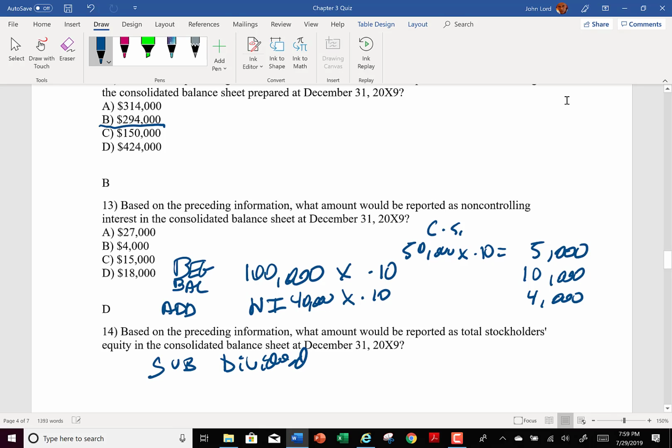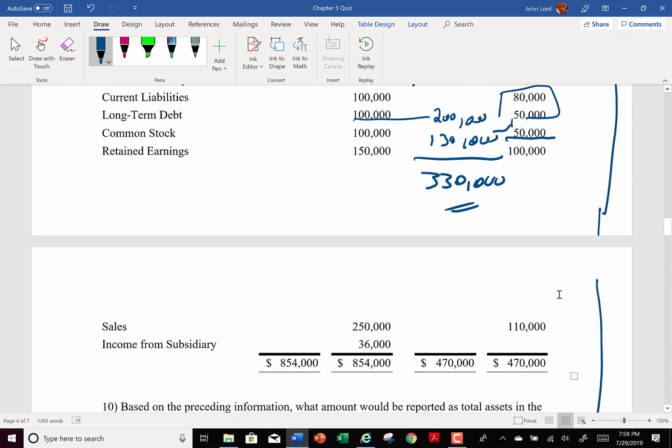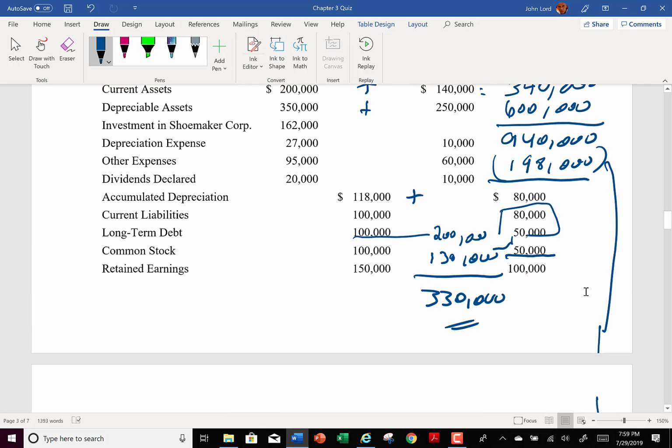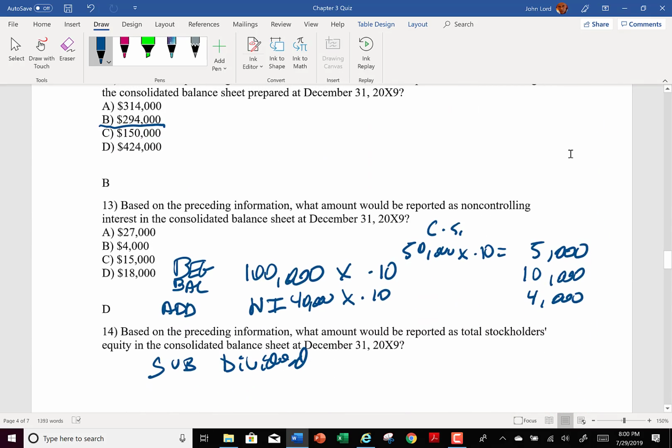They tell me the dividend was 10,000. So dividend of 10,000 times 0.1 is 1,000, right? That I'm going to subtract.